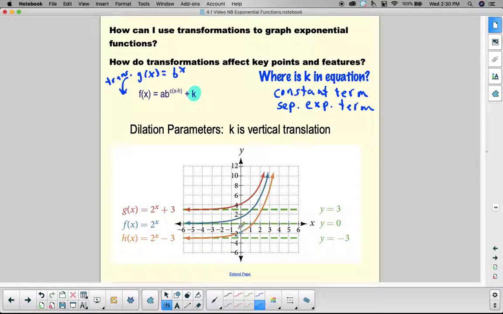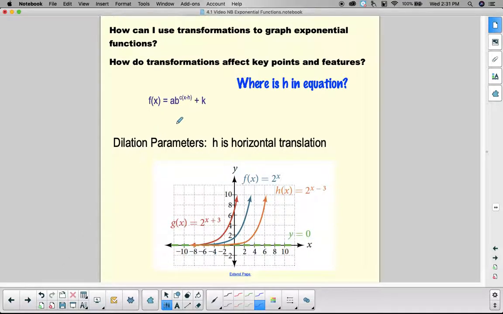It changes the y-intercept, and the horizontal asymptote moves with k. So k is a pretty nice vertical translation.